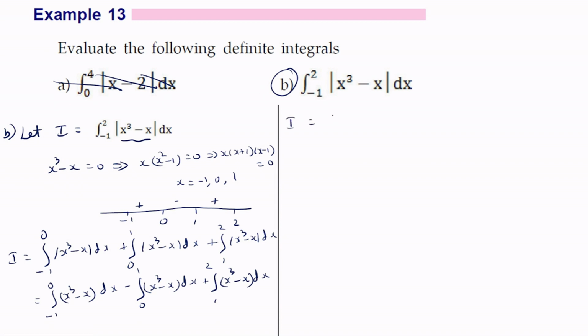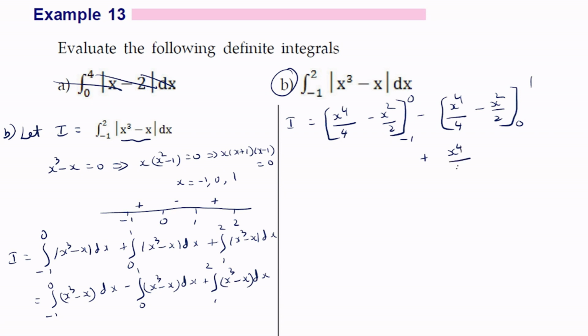So I is equal to (x raised to 4 by 4 minus x square by 2) from minus 1 to 0, minus (x raised to 4 by 4 minus x square by 2) with the limits 0 to 1, plus (x raised to 4 by 4 minus x square by 2) with the limits 1 to 2.